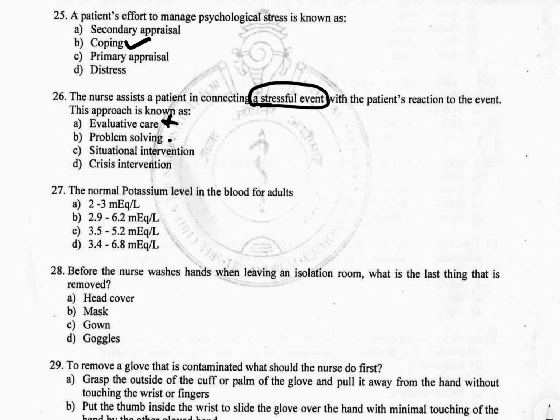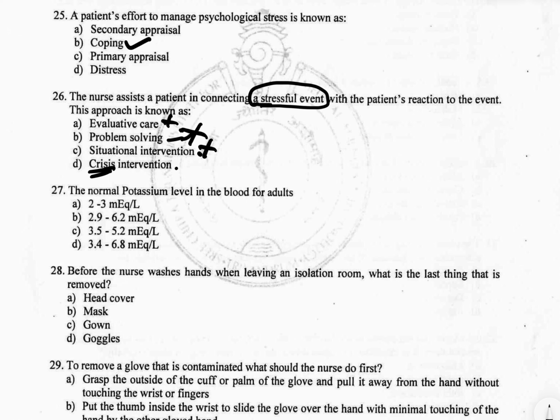Second one is problem solving, third one is situational intervention, and the fourth option is crisis intervention. What is happening here? We are not giving any problem to the patient, so this is not problem solving. The patient is not trying to solve any problem. We are not giving a situation here, but what we are giving is a crisis.